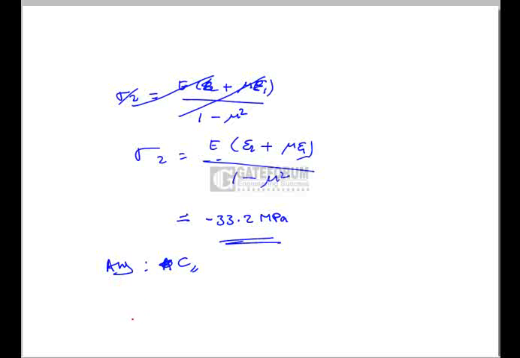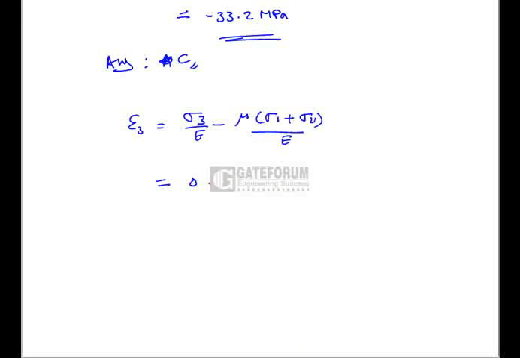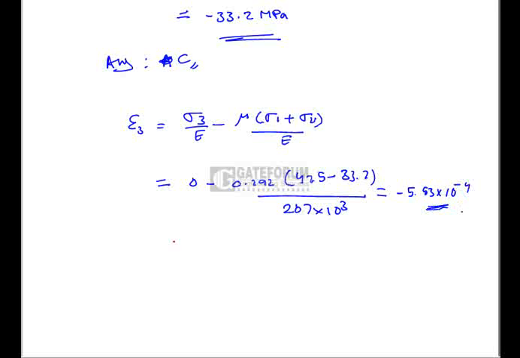Now the principal strain in that direction, let us say epsilon 3, is given by sigma 3 by E minus mu into (sigma 1 plus sigma 2) by E. So which is equal to, here sigma 3 is 0, minus mu is equal to 0.292, and sigma 1 is 425 and sigma 2 is minus 33.2, by E is equal to 207 into 10 cube, which is equal to minus 5.53 into 10 power of minus 4. So this is the answer for the second question, and in the options the correct option is C. C is the right answer.